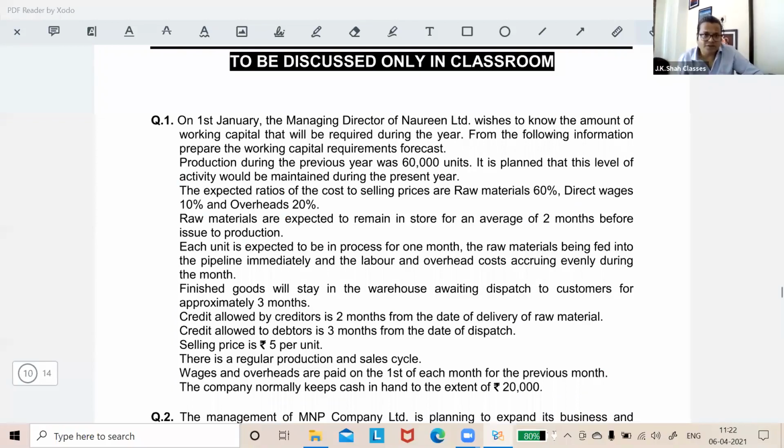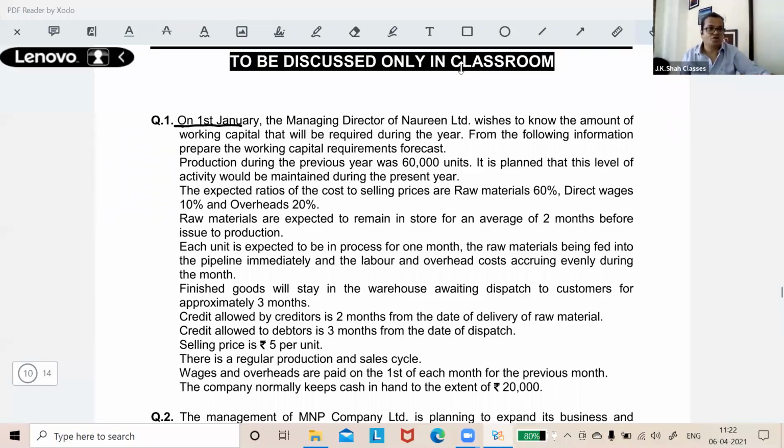From the following information, prepare working capital requirement forecast. Production during the previous year is 60,000 units. And it is planned that this level of activity will be maintained during the present year, guys. In simple words, in the current year, how much should be the units produced and sold? 60,000. As simple as that.